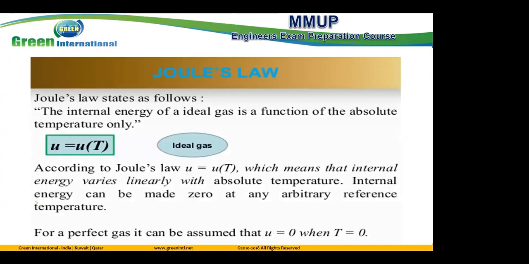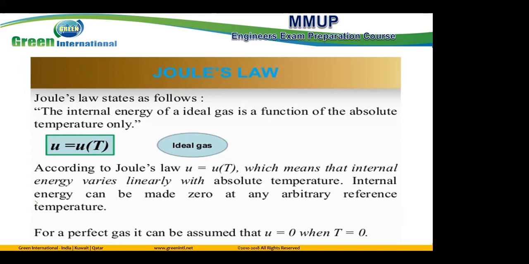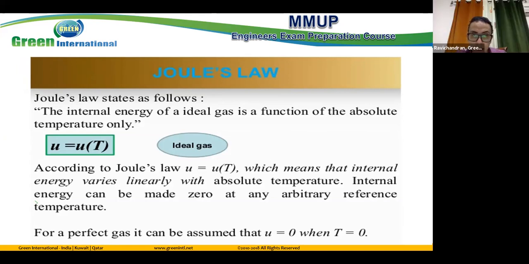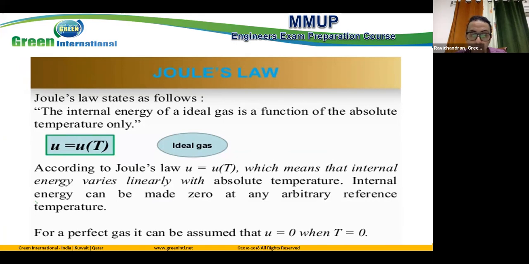Joule's law actually says the internal energy of an ideal gas is a function of absolute temperature only. This definition comes as a theoretical question in the exam. Internal energy of an ideal gas is a function of absolute temperature only.